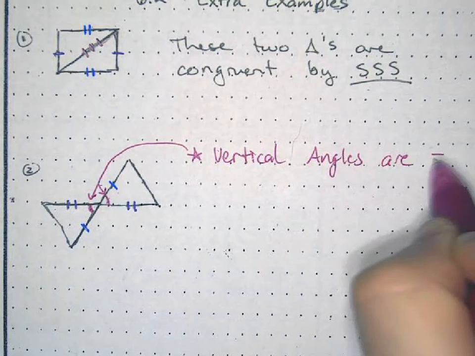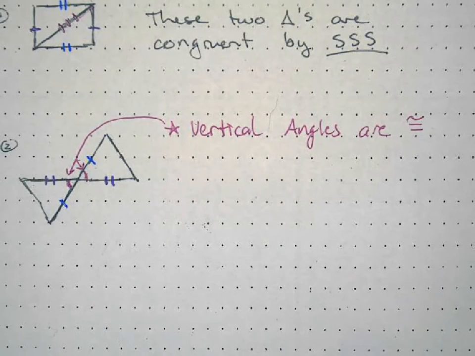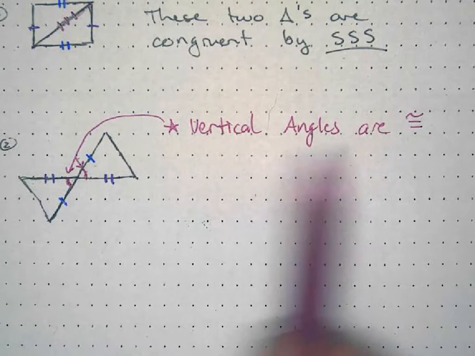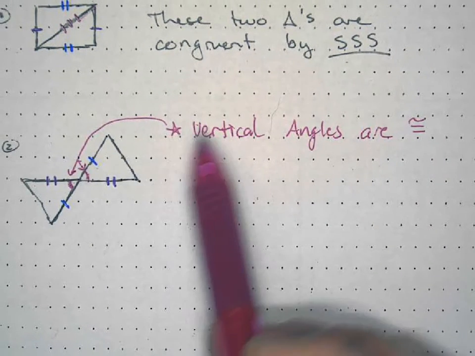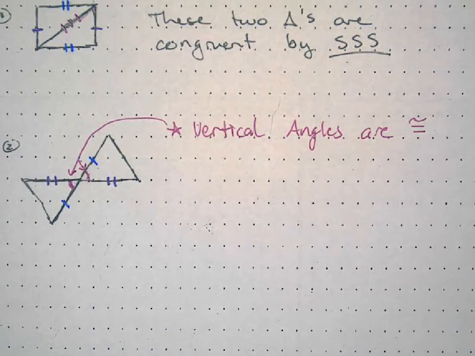Vertical angles are congruent. So I need to know that. The purple and the blue was given, and then I need to know this pink piece, that vertical angles are congruent. So now I can say, oh, well, these two triangles are congruent.